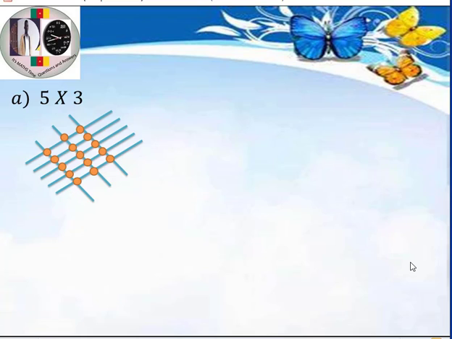So 5 times 3 is 15. There are 15 intersections. Guys, stay with me until the end of this video, because as the numbers become larger, it becomes fun and more interesting to know how to multiply numbers with little or no time used.